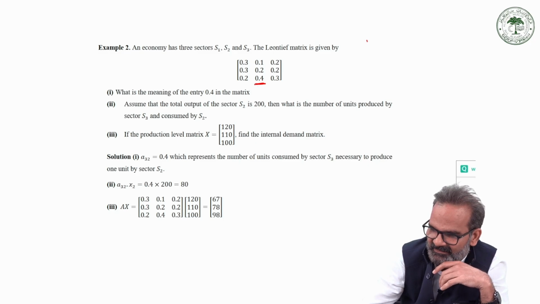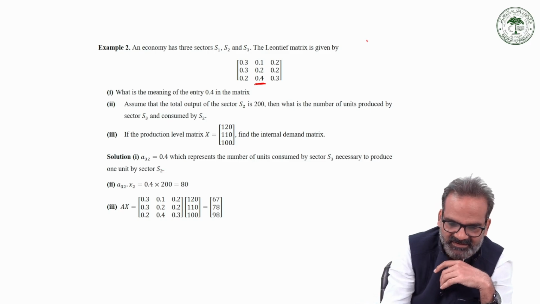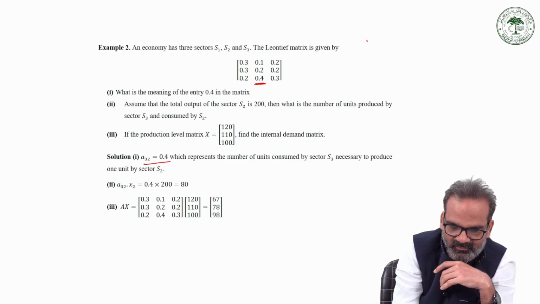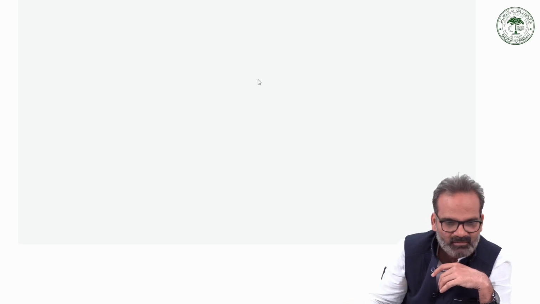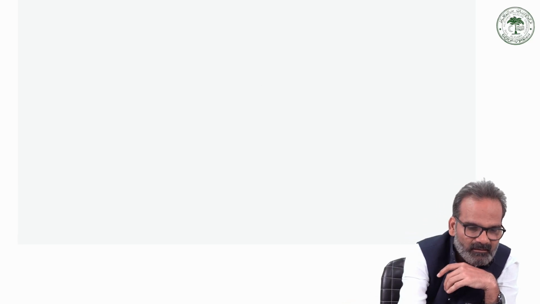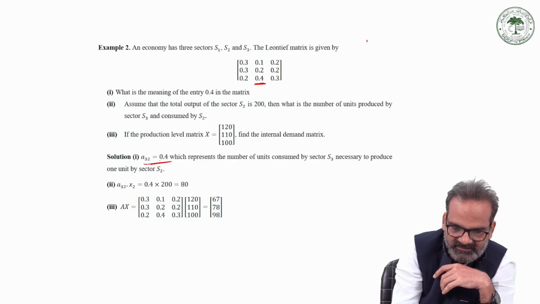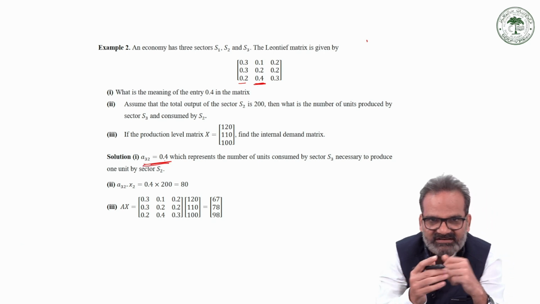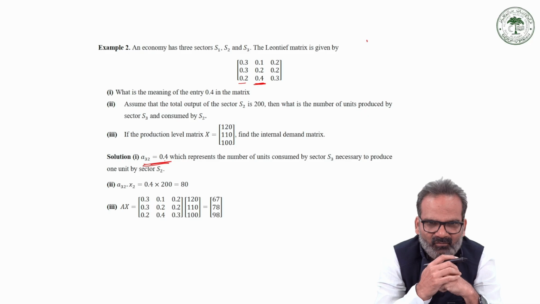So look at this matrix very carefully. A32 is equal to 0.4. This is A31, this is A32, right? So A32 is 0.4, which simply represents what?